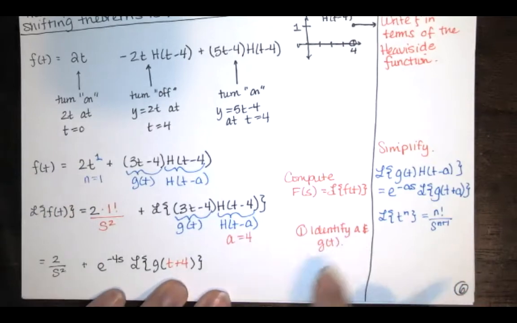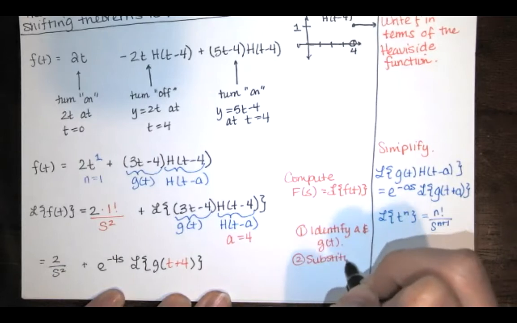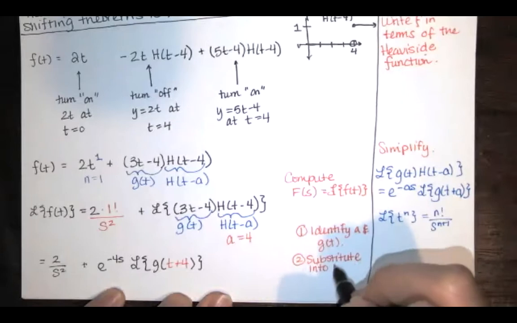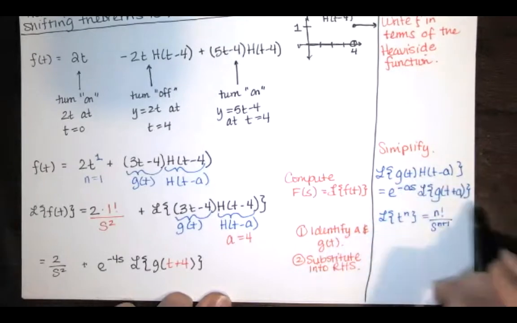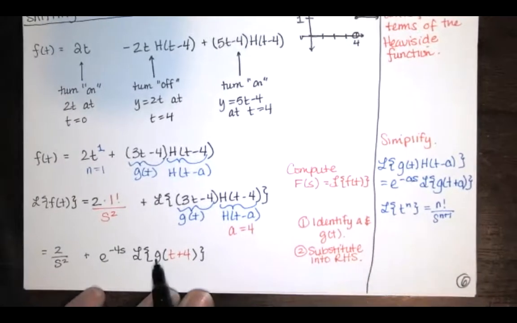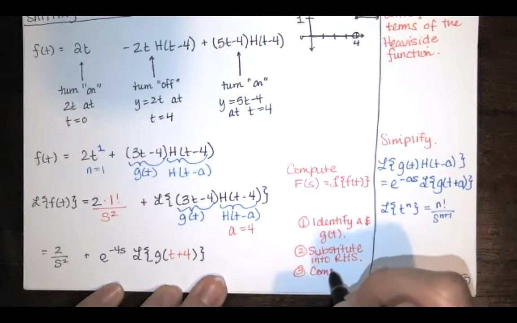So we identified a and g. We substituted into the right-hand side of our identity from our table, entry number 53. And then we just need to compute g of t plus 4.